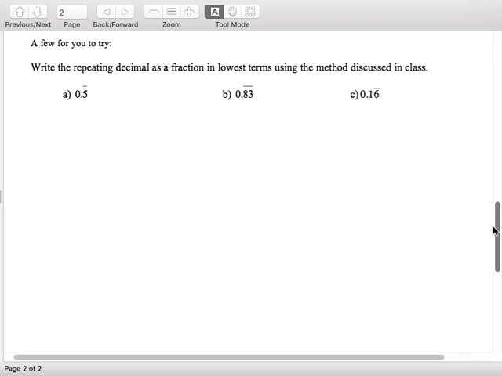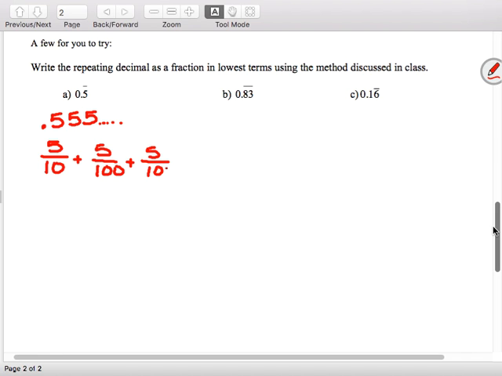Alright, I'm going to go ahead and start. In letter A, if I have 0.5 repeating, so that's 5/10 plus 5 over 100 plus 5 over 1,000, and so on.